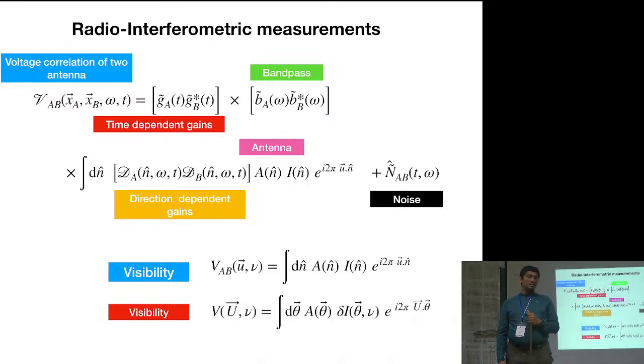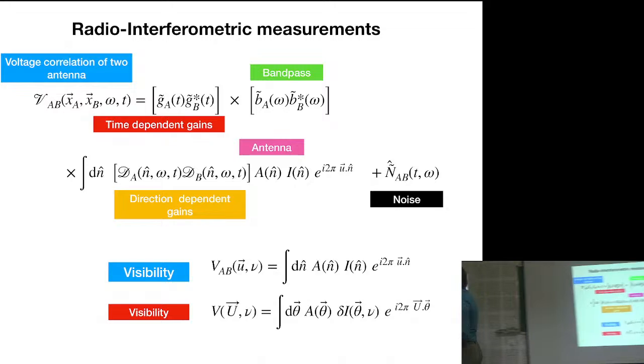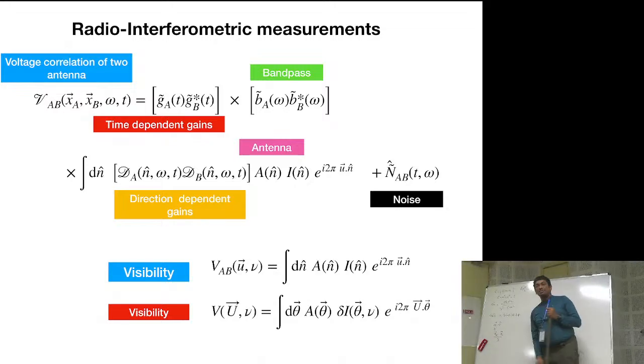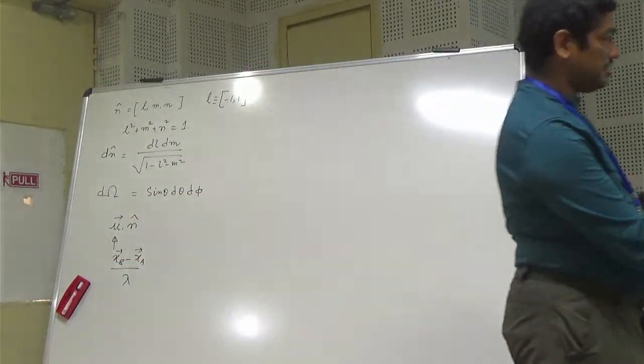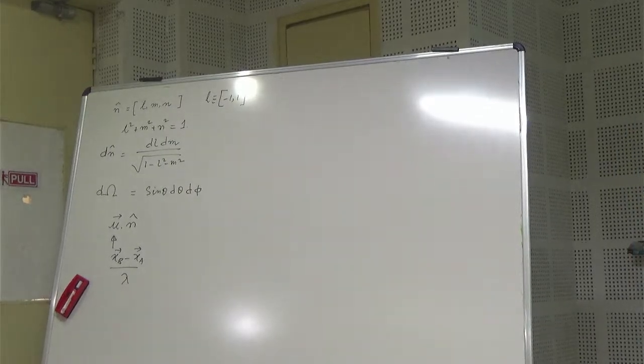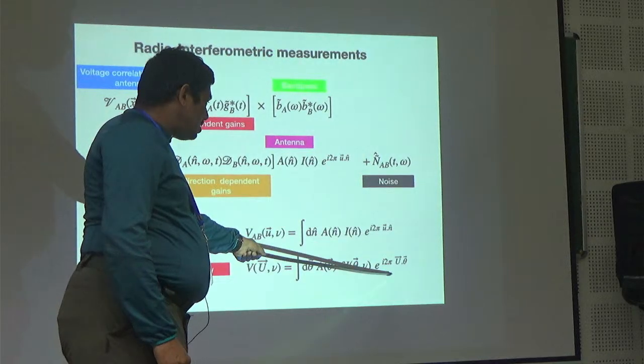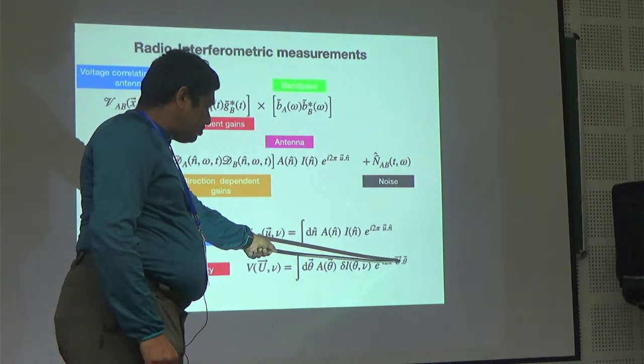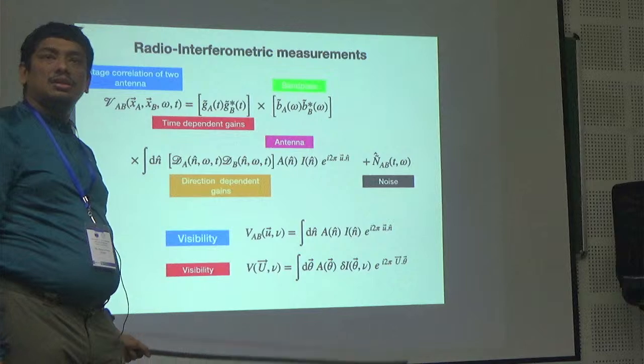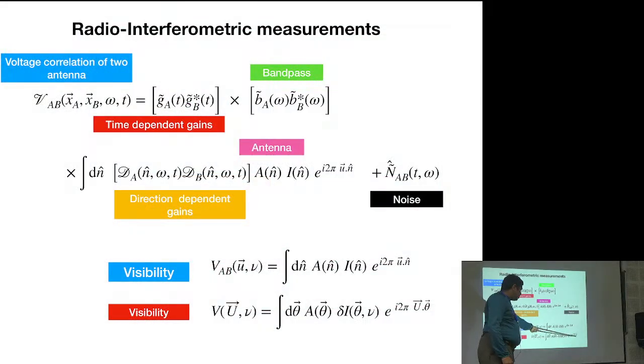But that term will still have this small u, the two components in the plane of the sky, if I write capital U, and the component of n cap in the plane of the sky, remember, is theta. I'll get that, but then there will be another correction term. We'll come back to that later.